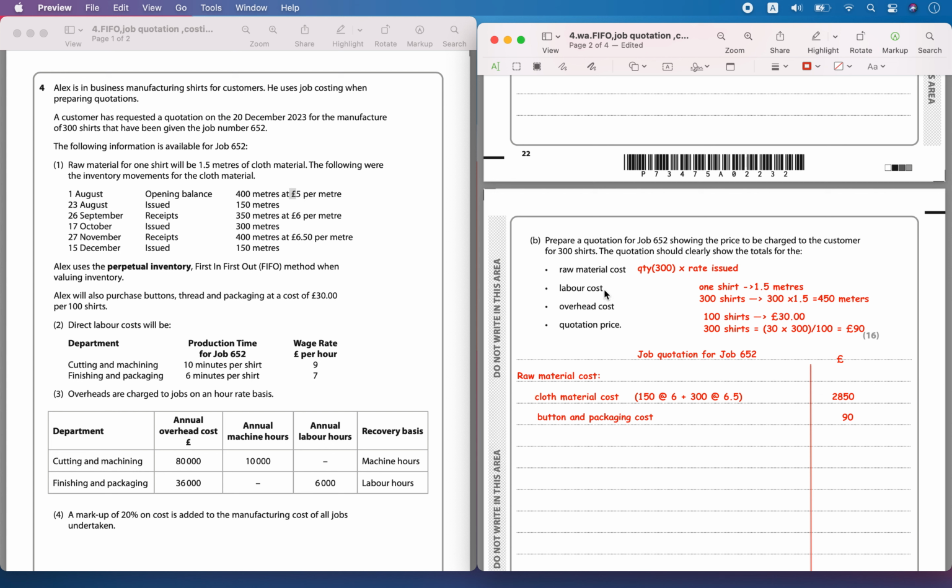Then next cost. Okay, let's calculate the next cost. It's a labor cost. For the labor cost, what is the formula to calculate the total labor cost?